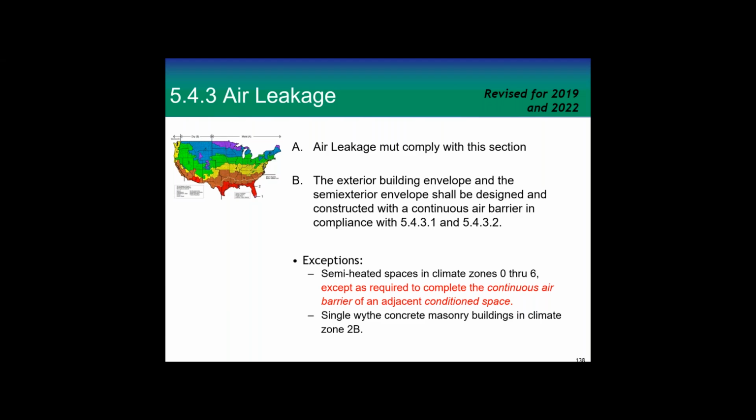We've revised it almost every year, but it is doing a great deal, and it has helped the mechanical on the leakage. We can cut our loads due to reduction in air leakage and makeup air. So we did change the exceptions. There was a semi-heated spaces and climate zone 0 to 6 exception, except as required to complete the continuous air barrier in adjacent conditioned space.